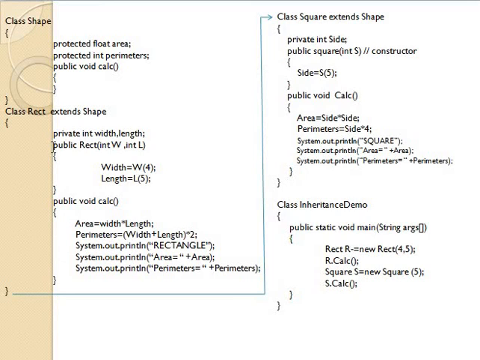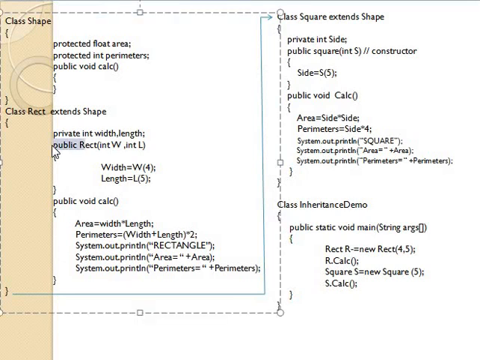Now if you look at these two member methods, that is rect and calc, you will notice that the name of the first member method rect also resembles the name of the class, which is also rect. That's why such type of member methods whose name resembles the name of the class are known as constructors. So let me comment on this method that this is a constructor.